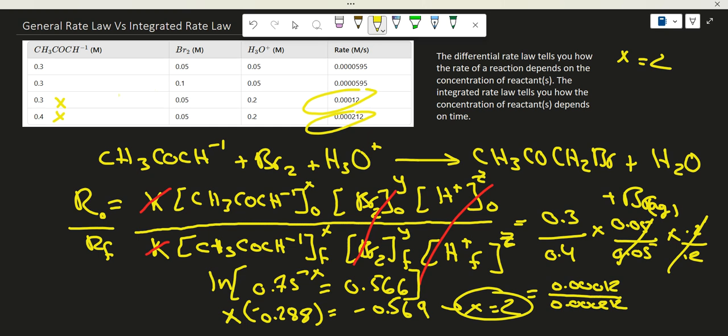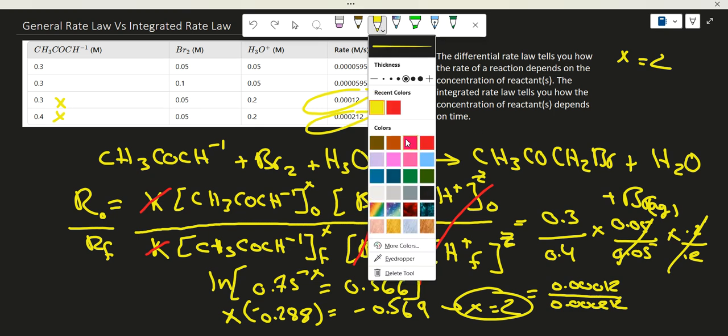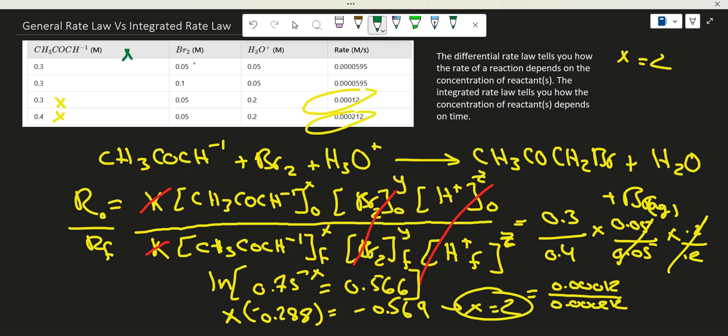So just put it on the top here and mark x. That's a bad color, so let's use green to make it visible. There we go. So we have x here, y here, z here.